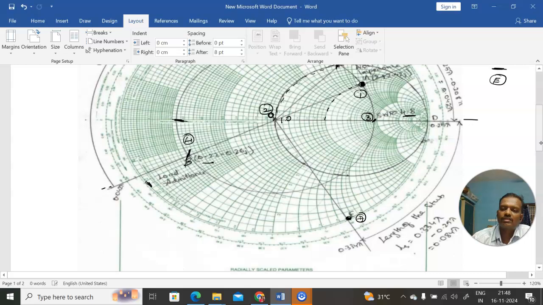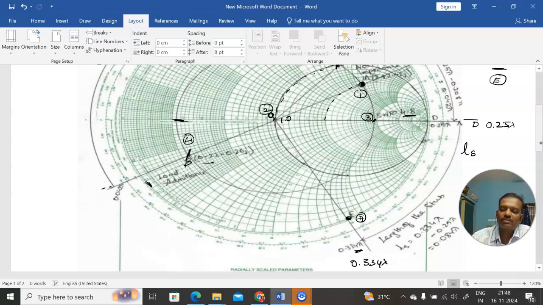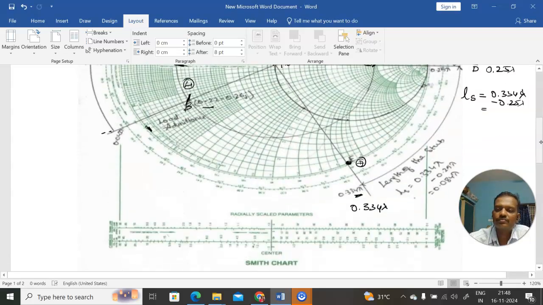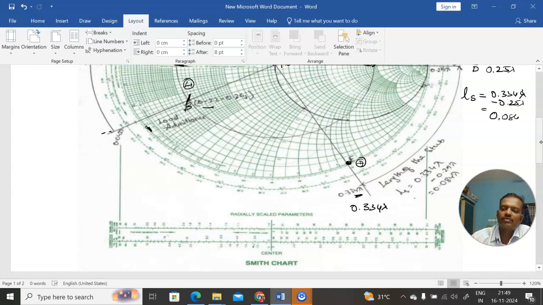Okay. So here, which is our D, which is 0.25 lambda. So from the outermost line you are getting the wavelength as 0.334 lambda. So you are finding LS, which is the length of the stub, which is 0.334 lambda minus 0.25 lambda, which gives you 0.084 lambda.